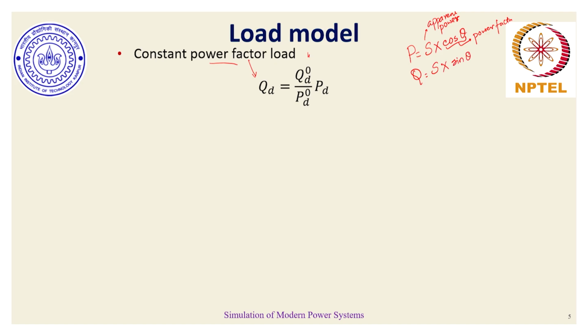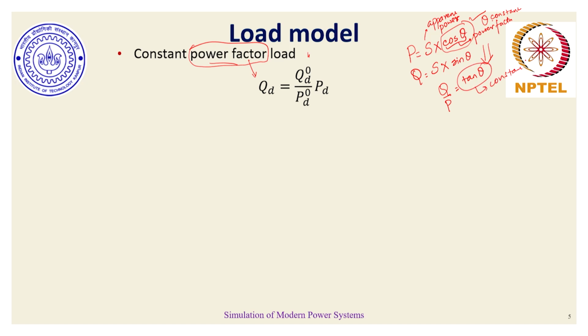We also call theta the power factor angle or the load impedance angle. So, if we have to maintain constant power factor, which means cos theta has to remain constant, the value of theta should not change. Alternatively, we can also write Q by P as tan theta, apparent power S gets cancelled, and if theta has to remain constant, that means tan theta will also remain constant.